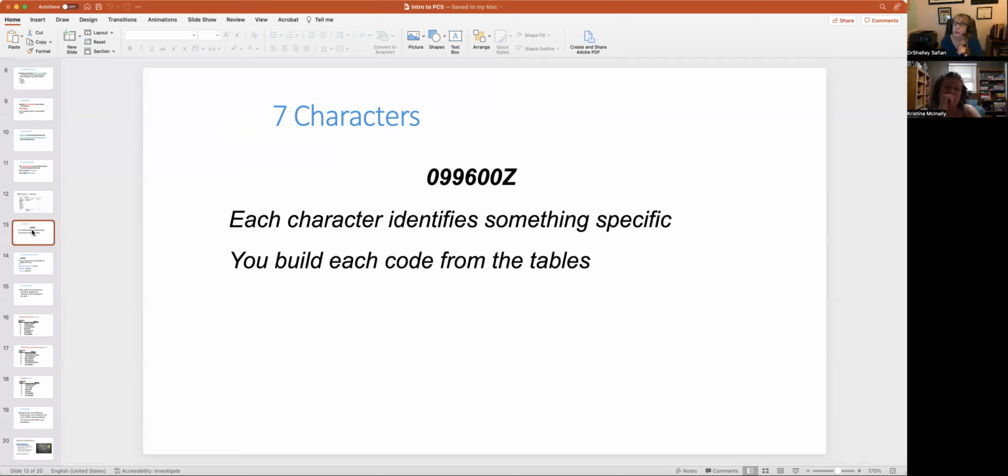Okay, and that's our job, is to interpret what the physician wrote in the medical terminology, in the procedure notes or the documentation, and interpret it into a code that, one, protects the patient's privacy. Because if I tell you this patient got a 0996000Z, you don't know what that is. I assume.